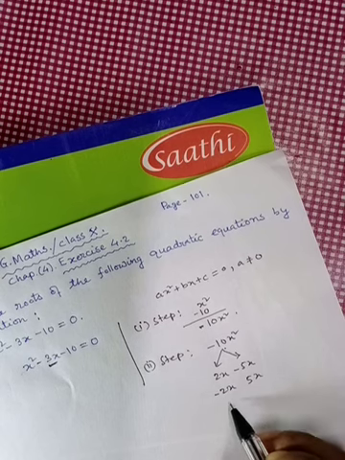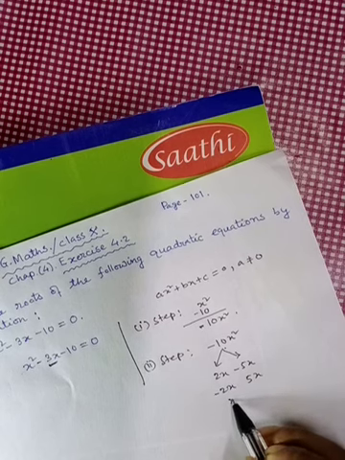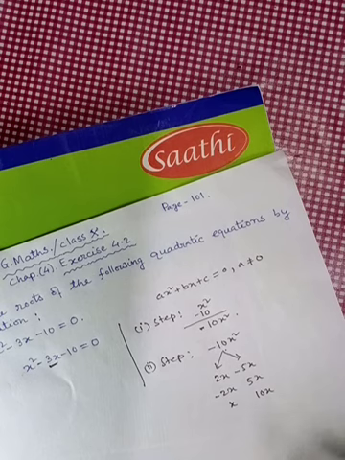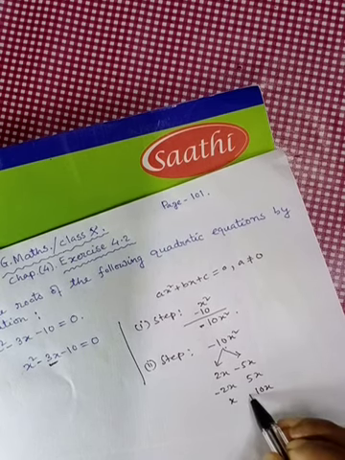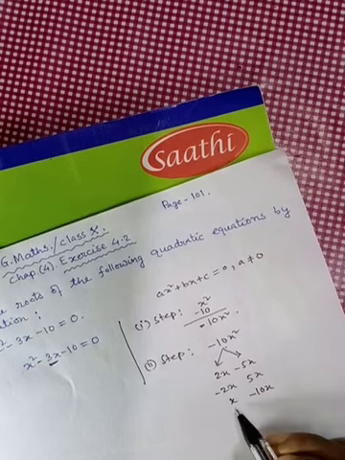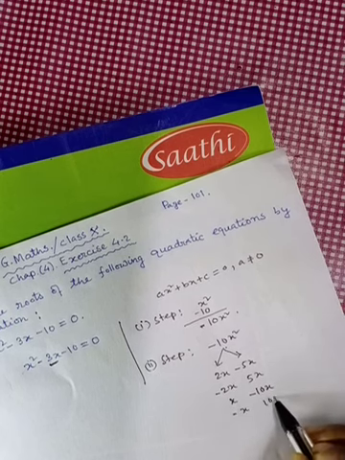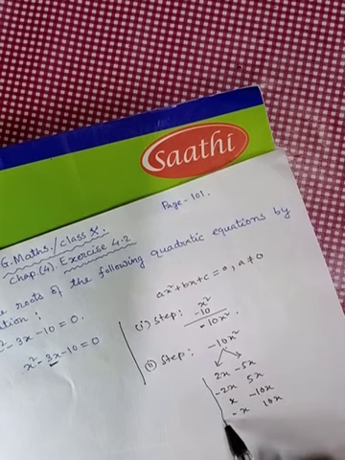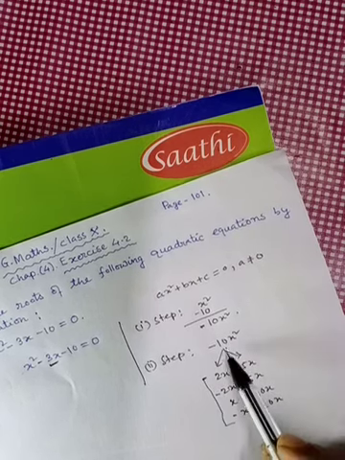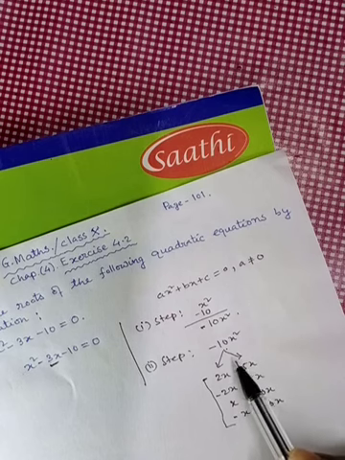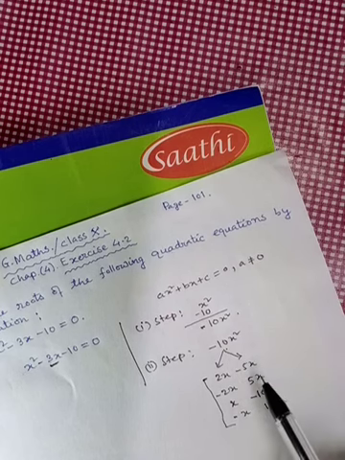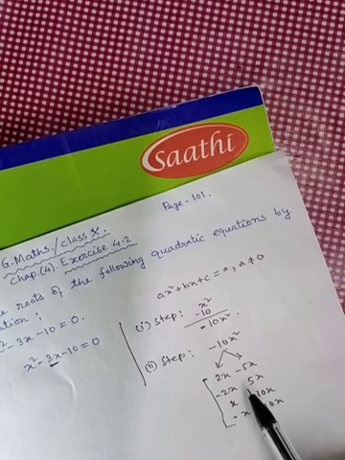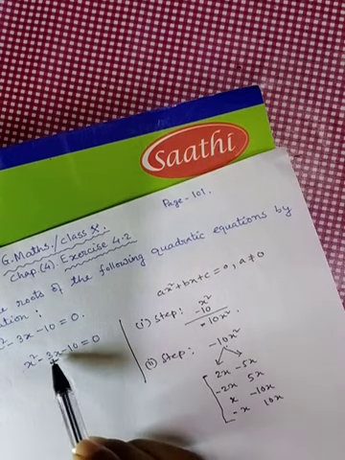Again another factor pair will be x and 10x, either minus 10x and plus x, or minus x and plus 10x. So there are four options in the factors of minus 10x square. Which one will be correct for us, so that the sum of the two factors gives minus 3x?